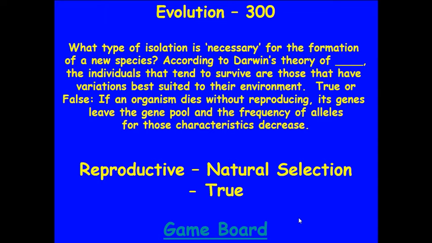And true, it makes sense that if an organism that doesn't have good characteristics dies without reproducing, the genes for that bad characteristic, or maybe just a characteristic that isn't so great, leave the gene pool, and that decreases the frequency of those characteristics. So over time, you'll have fewer and fewer, and eventually none of those characteristics, and it'll be replaced by characteristics that are good for the environment those organisms are living in.